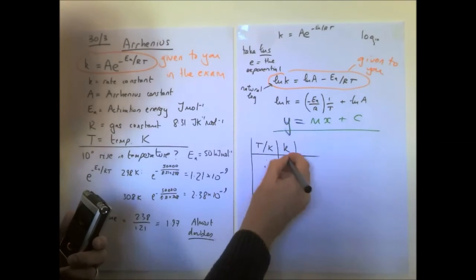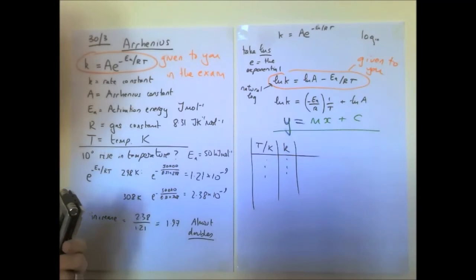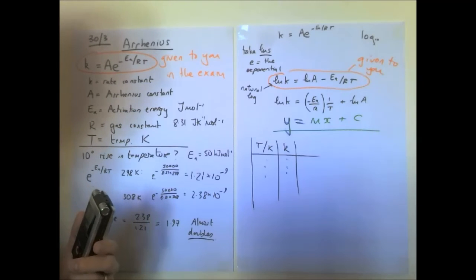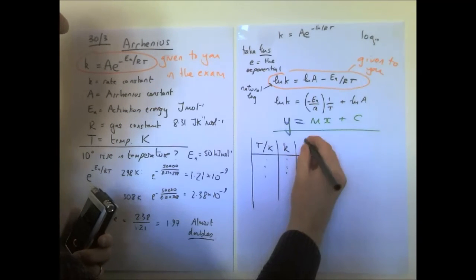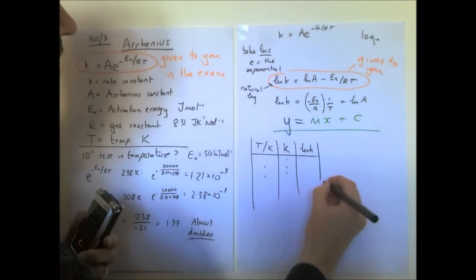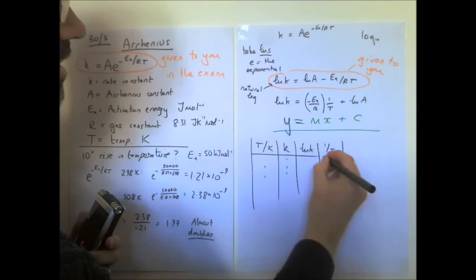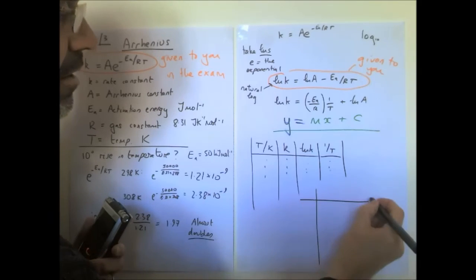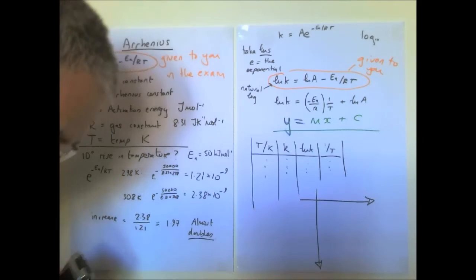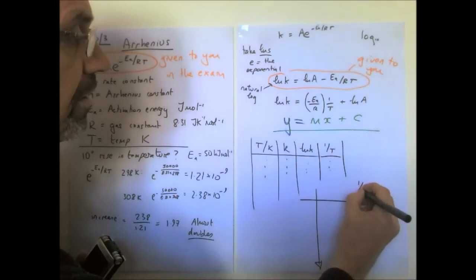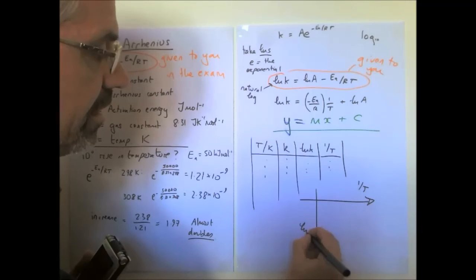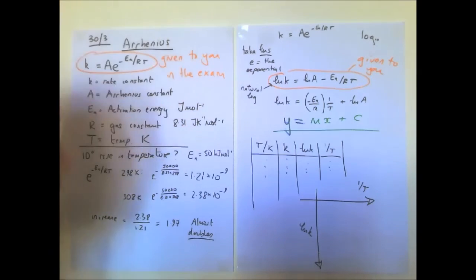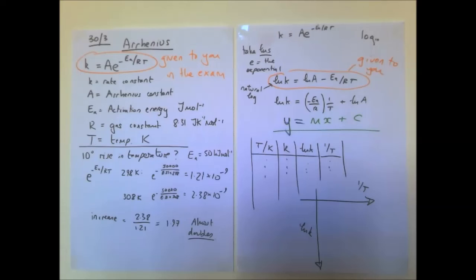So we get a whole bunch of different temperatures and a whole bunch of different rate constants. What I can do now is work out ln k, and I can work out 1 over T, and then I can plot a graph of ln k against 1 over T, which will look something like this.